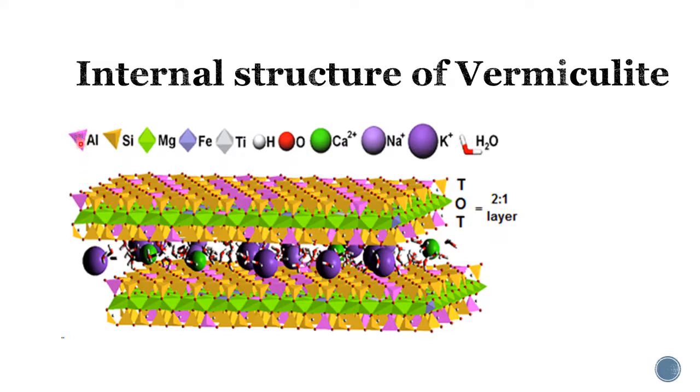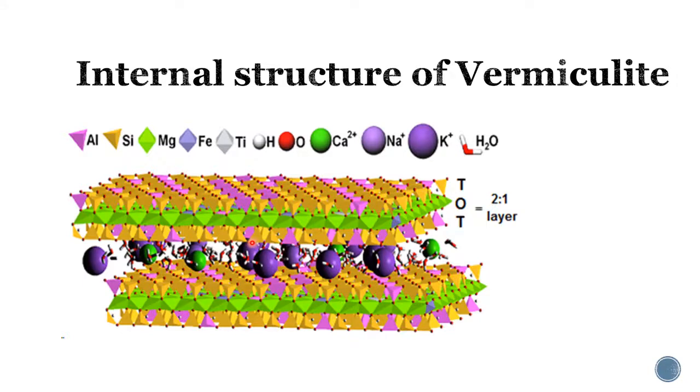This purple color is aluminium, and the yellow mustard color shows the silicon, green color shows the magnesium, then the lilac color shows the iron, grayish color shows titanium, this rounded molecule is hydrogen, the red color is oxygen, and the green is calcium, then sodium and potassium and water.